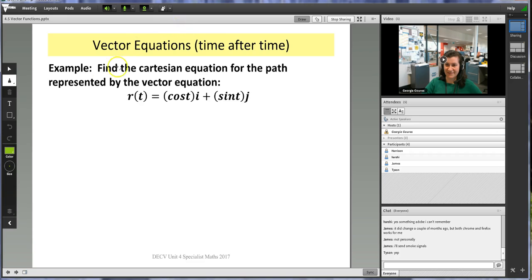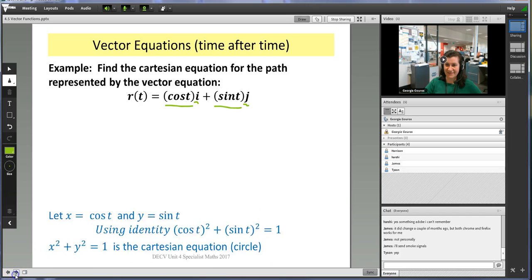Okay, so you can have any function of t representing the i component or the j component, so they can be trig functions as well. The important thing is when they're trig functions, you can apply all those lovely identities that we've learnt about and compound angle formulas that we've learnt about to help you turn these into Cartesian equations.